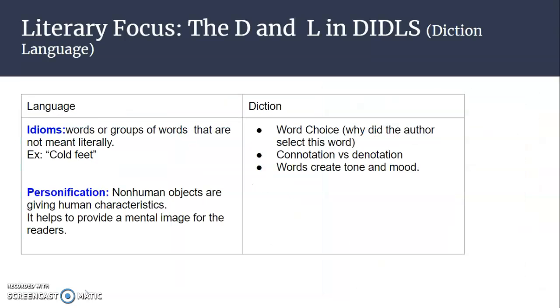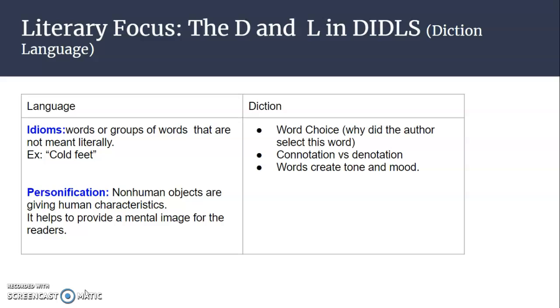All right, and so then our second literary focus has to do with language and diction. So we know that we look at DIDLS. We use DIDLS to help us to analyze the text on a deeper level. And we know that the D in DIDLS stands for diction.